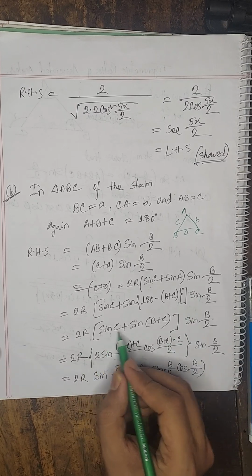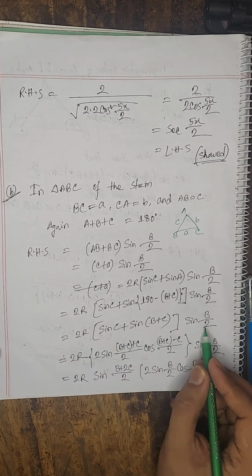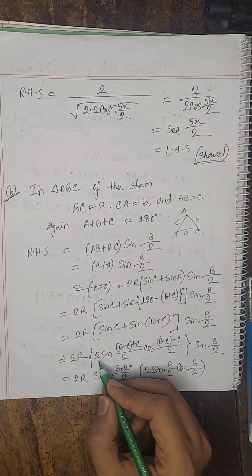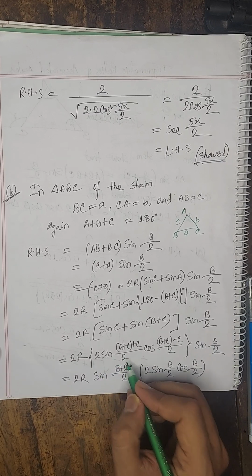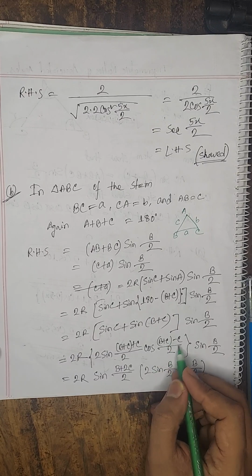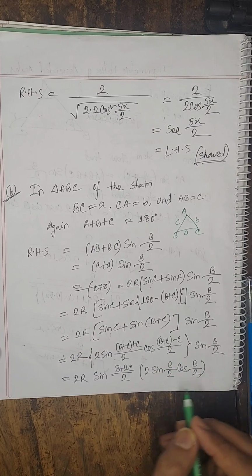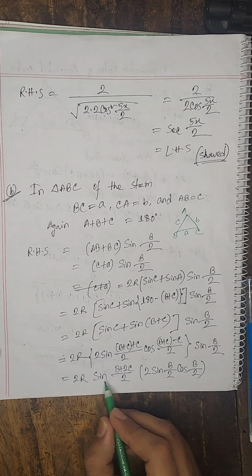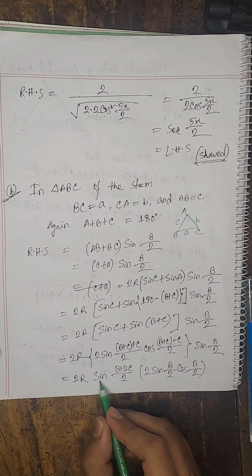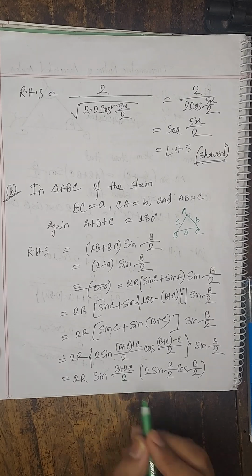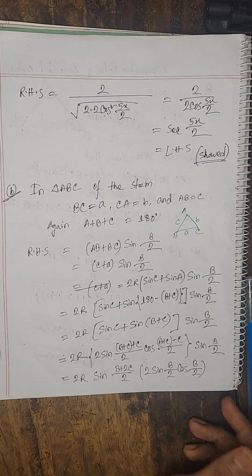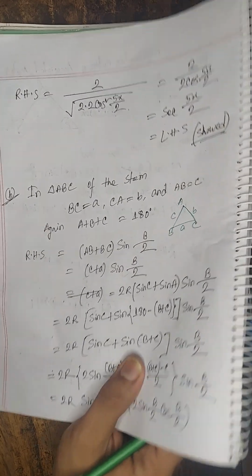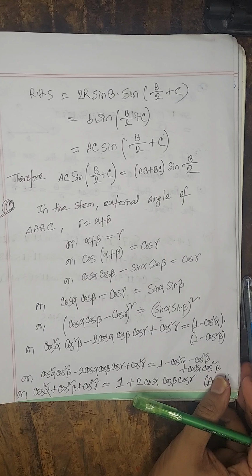Then 2R times sin C plus sin B plus C times sin B by 2. Then 2R times 2 sin B plus 2C by 2 cos B minus C by 2 times sin B by 2, which gives 2R times sin B plus 2C by 2 times 2 sin B by 2 cos B by 2.